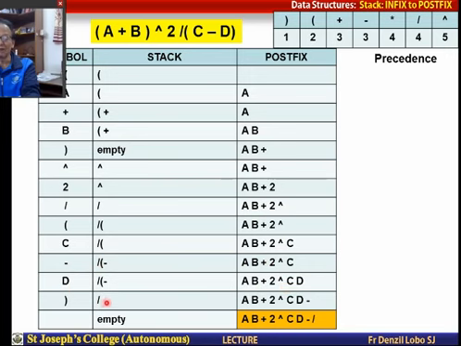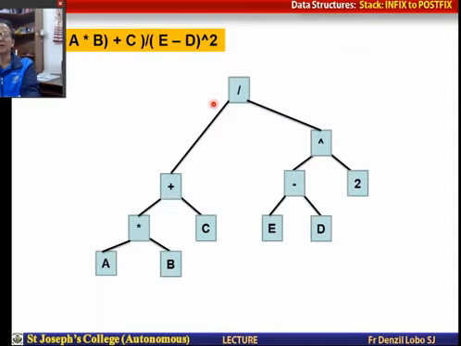Then at the right parenthesis you pop until you come to the left parenthesis, the minus is popped and inserted into the postfix. There is no symbol left, you pop that, the stack will be empty, and this becomes my postfix expression of this infix notation.